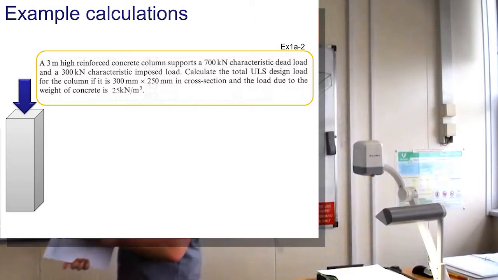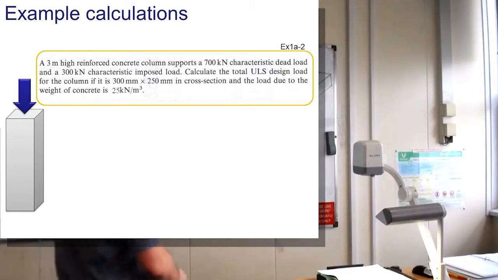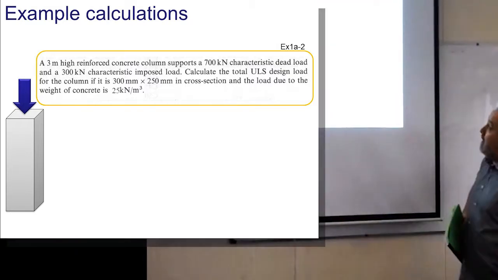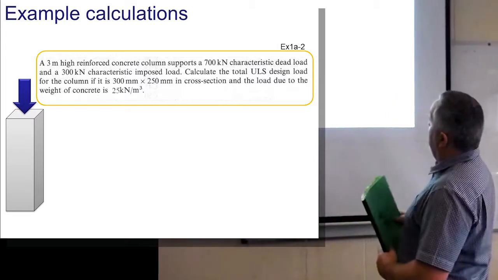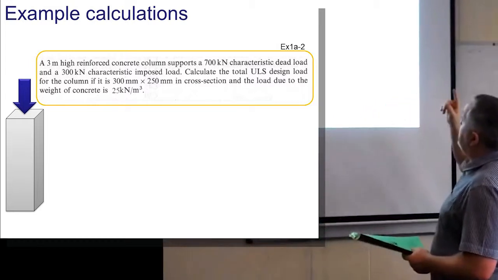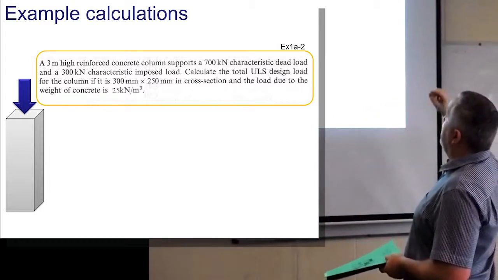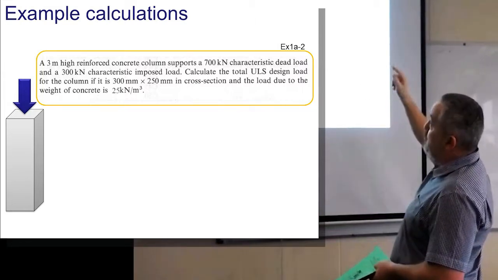Let's not leave this session without doing some calcs. So hopefully it might reach the back. If not, you're going to have to write this out. So we have a 3 metre high reinforced column, Exhibit A, that supports 700 kilonewtons dead load and 300 kilonewtons imposed load.